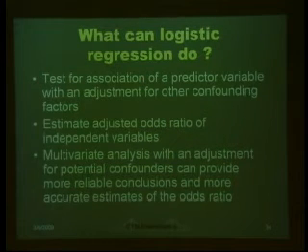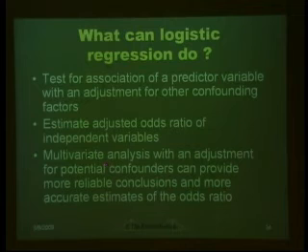For example, in the first example, the lung cancer, we talked about the smoking effects. We can estimate the odds ratio, but at that time we didn't adjust for gender or other factors. With multiple logistic regression, we can get estimates for the adjusted odds ratio for smoking status, adjusting for age, gender, and other risk factors.